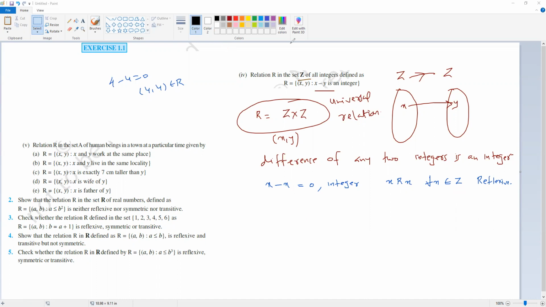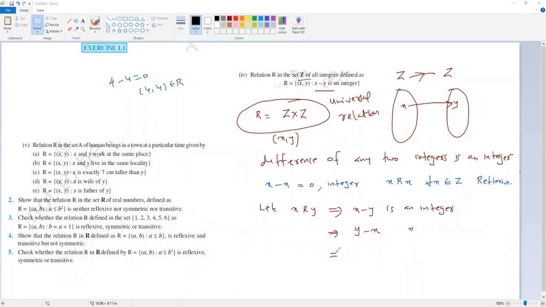So for symmetry, okay, let x is related to y. So that implies x minus y is an integer. So x minus y integer है तो y minus x क्या होगा? y minus x is also an integer. Only thing is sign will change. जैसे 10 minus 5 है तो 5 आएगा, 5 minus 10 है तो minus 5 आएगा, but still it is an integer.